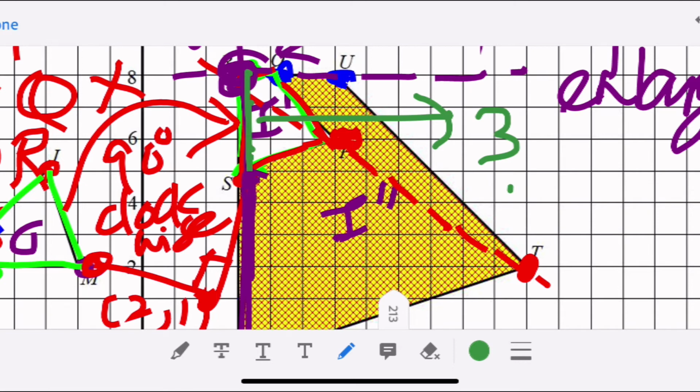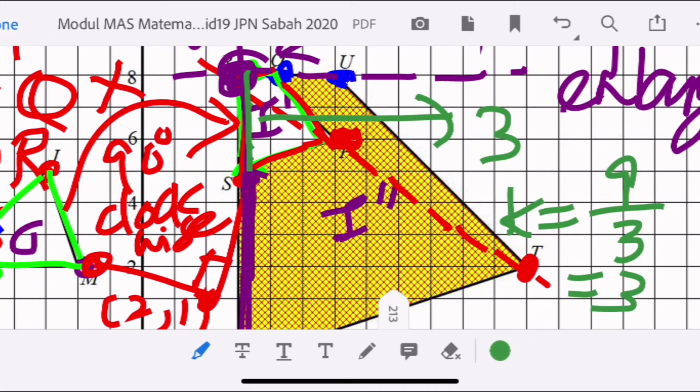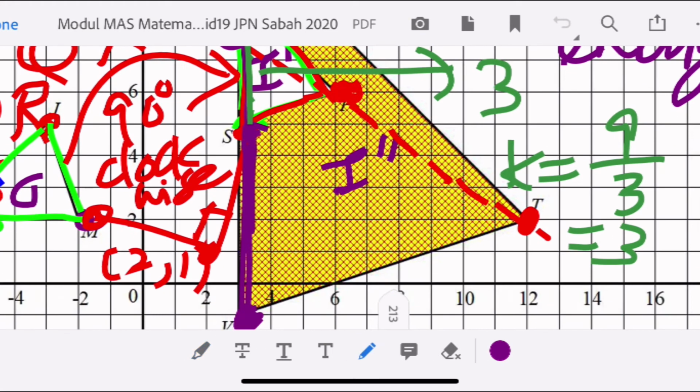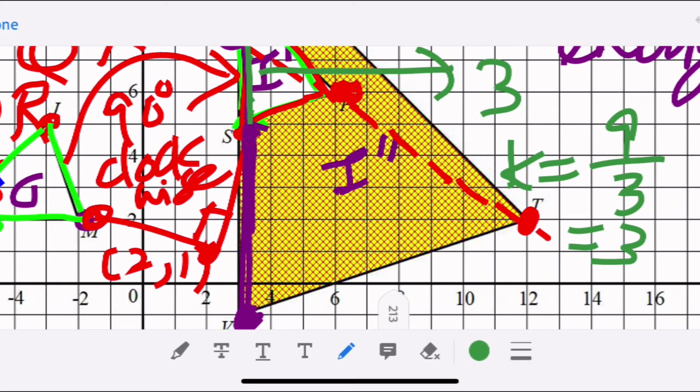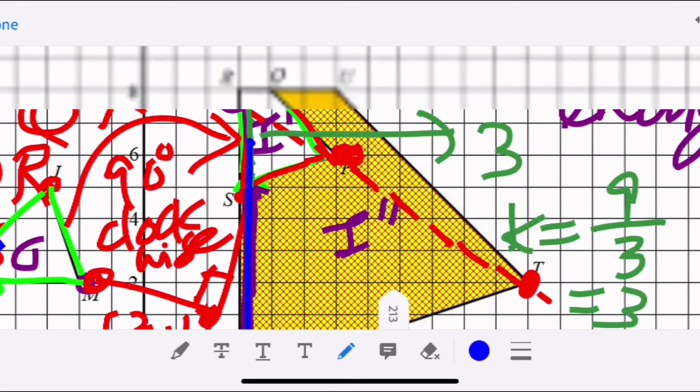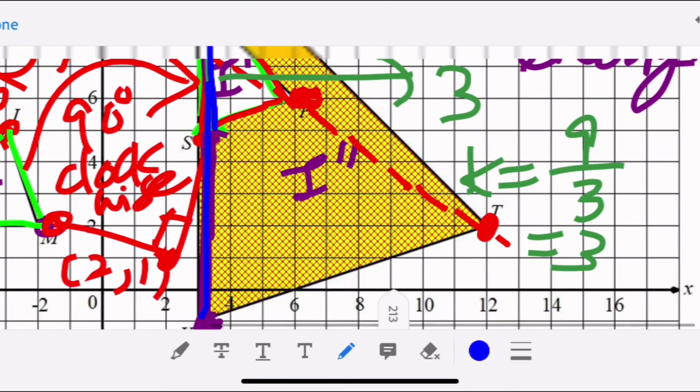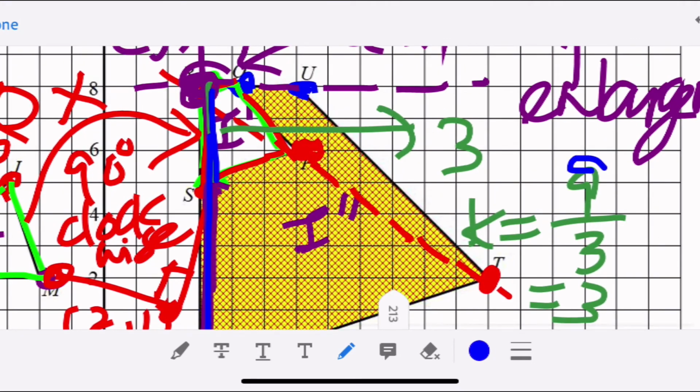Okay, so the last part is you have to find the scale factor. I think you got no problem. You find the length of the image over the length of the object. The last part is we have to find the area of the object and area of the image.